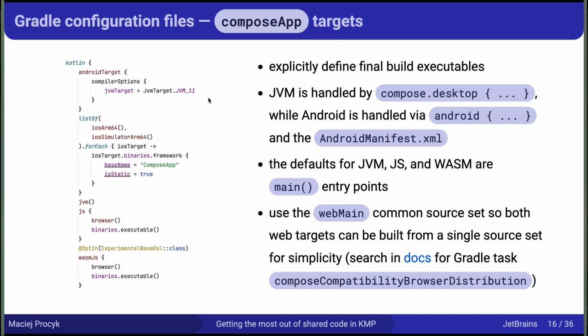So Compose Multiplatform published, I think in version 1.9, so quite recently, a common commonization of those 2 into web sources, so you can easily define the application and build it from a single file, right? Which will run with Wasm, if WebAssembly is supported in the browser, and if it's not, it will run the fallback option, which is the JS, which is much slower, but it still works, right?